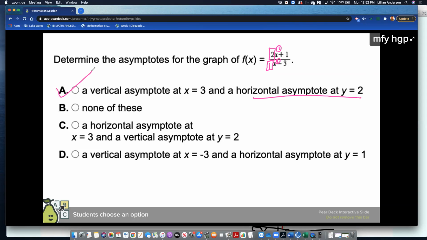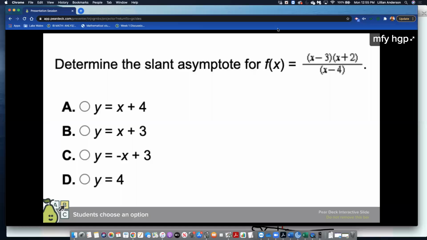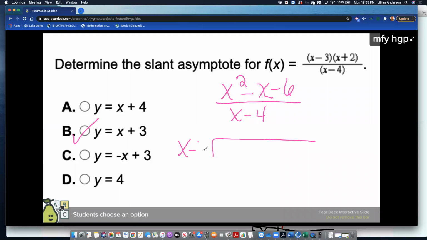All right, but I find vertical asymptotes by doing what? Setting the denominator equal to 0. The majority of you picked B. If I expand that and then divide it, I should be able to get my slant asymptote.